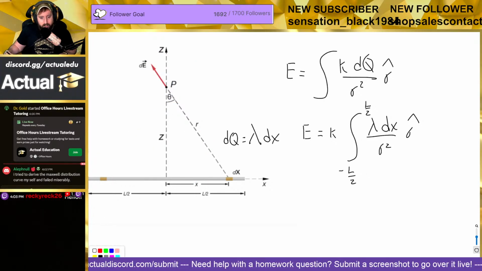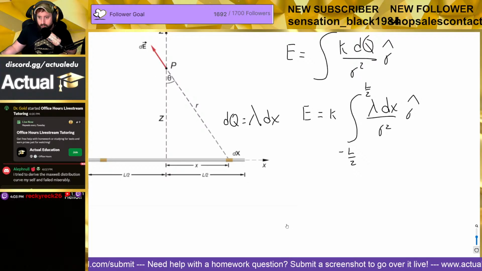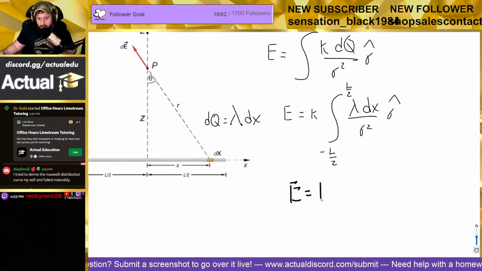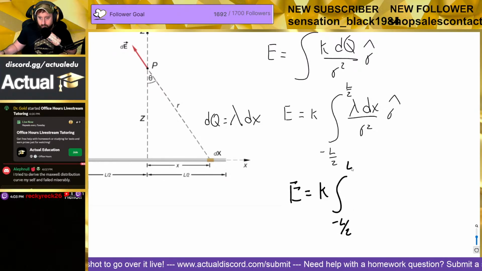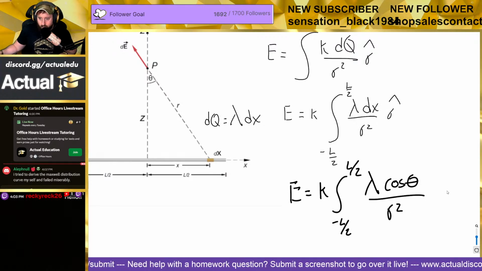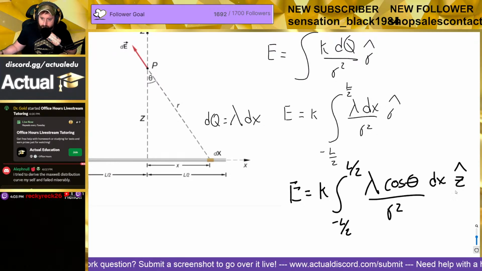So I end up putting a cosine theta on there, I'm pretty sure. So then E is equal to k integral from negative L over 2 to L over 2 of lambda cosine theta over r squared. Ooh, well, too thick. Damn, she's thick. And this is still dx, but now we're going to point this in the z hat direction. Okay, cool.